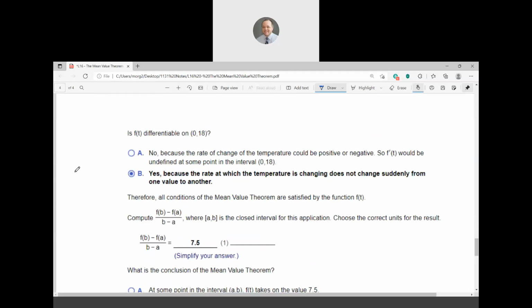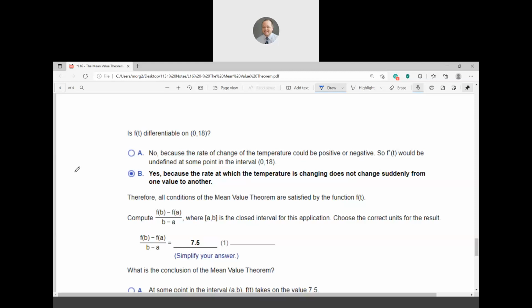Is f of t differentiable on the open interval 0 to 18? The answer to this question is yes, because the rate at which the temperature is changing doesn't change suddenly from one value to another. In other words, it's not doing some crazy stuff.